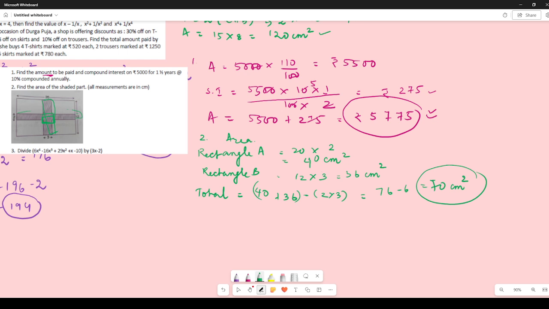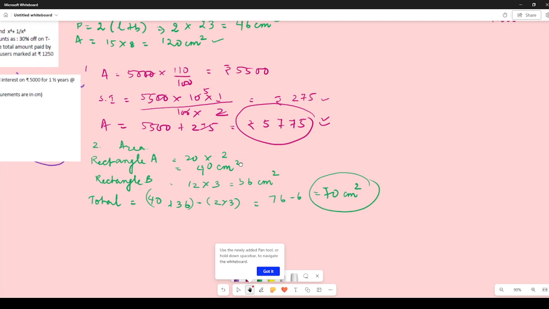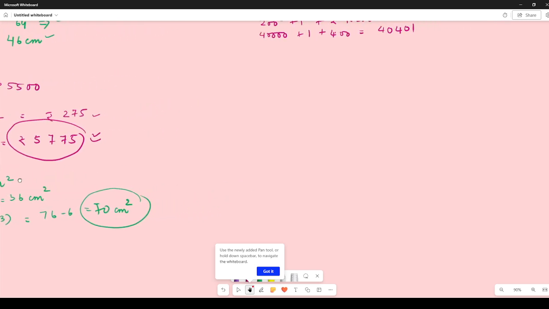Alright. Now let us take up the division over here. So I need to shift it because I need a larger space. Yes, let us divide over here.